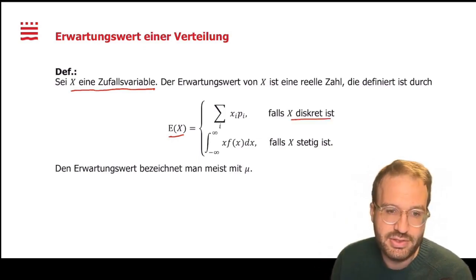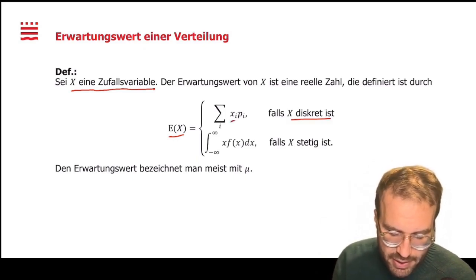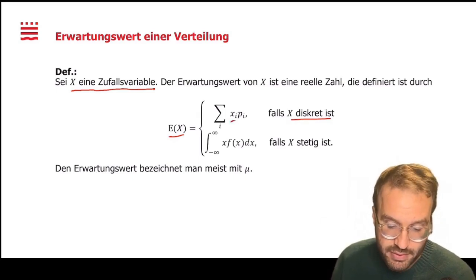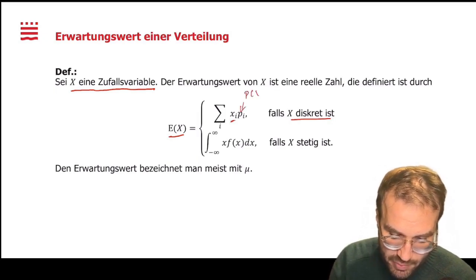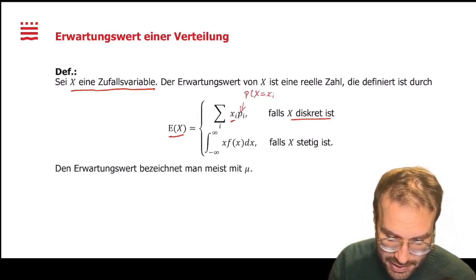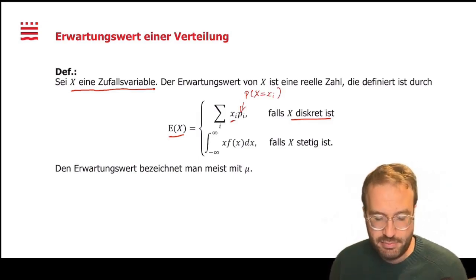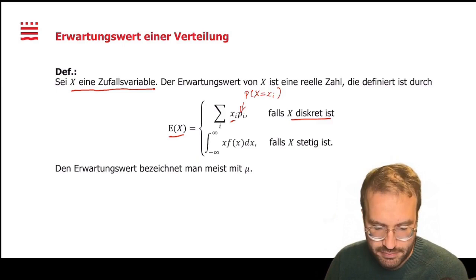What we are doing here is taking the sum of all the values that the random variable can take and multiplying it by the p_i. If you remember, that is the probability that the value x_i is taken. Exactly. And we sum that up, and we will also see an example of how it looks. You probably already know the formula.